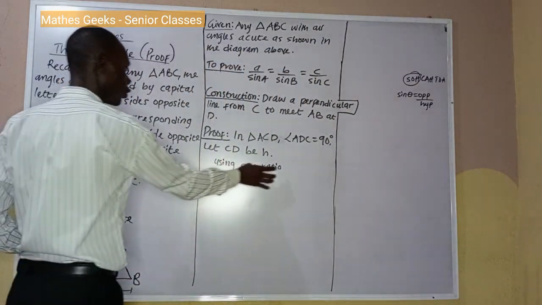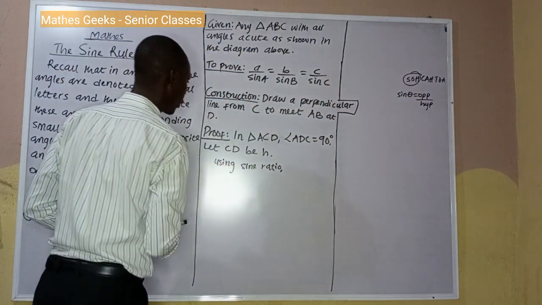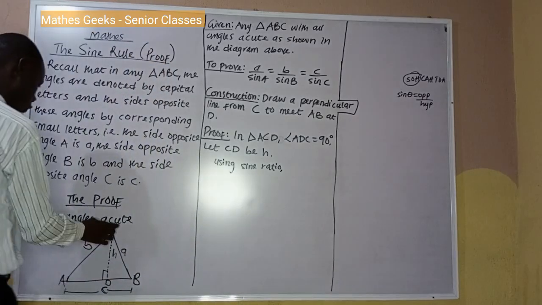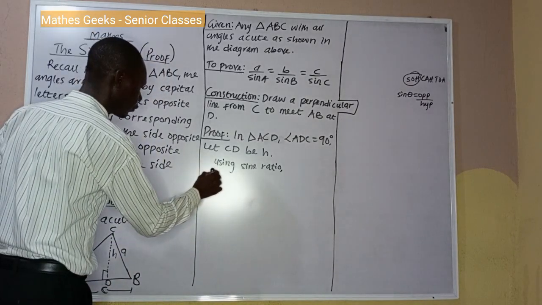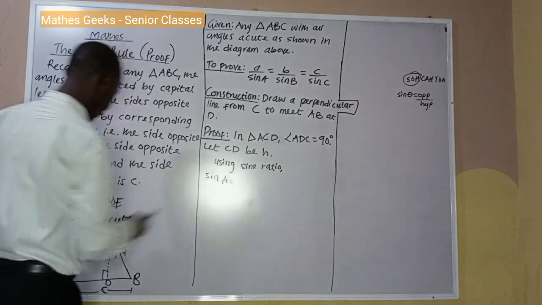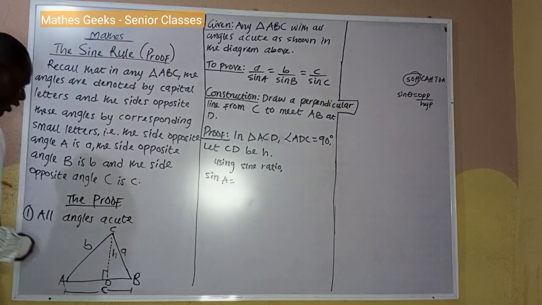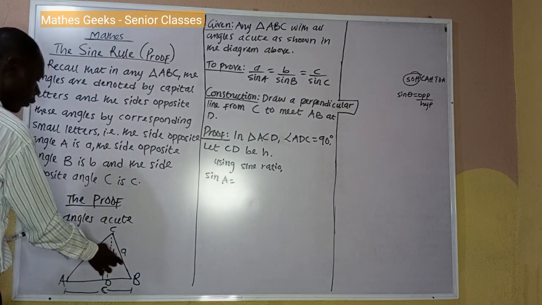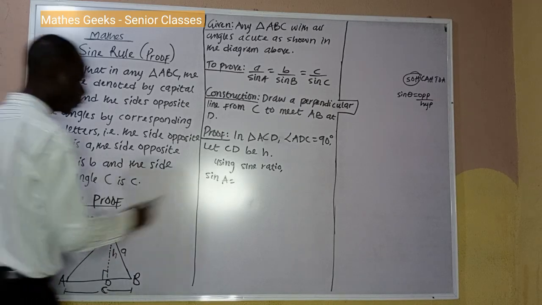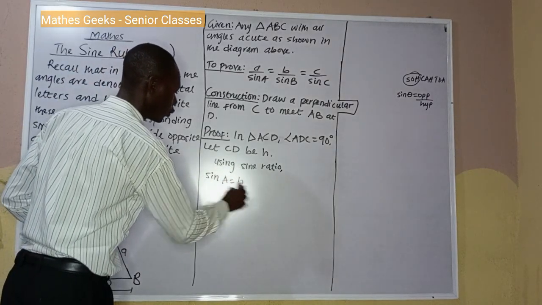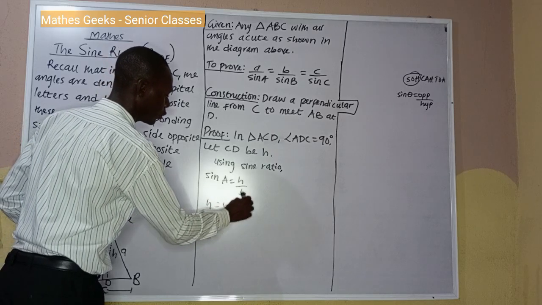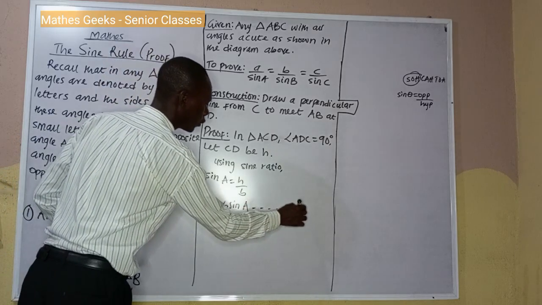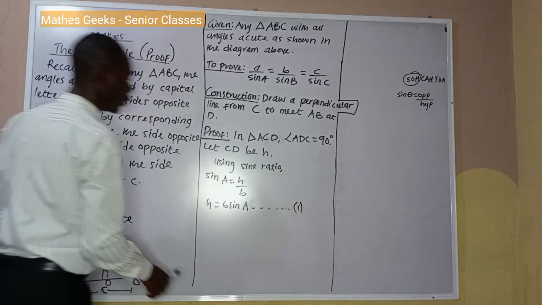So using the sine ratio in triangle ACD, sine A, which is this angle, is equal to the opposite h over b, and h is equal to b sine A. Let's call this our equation 1.